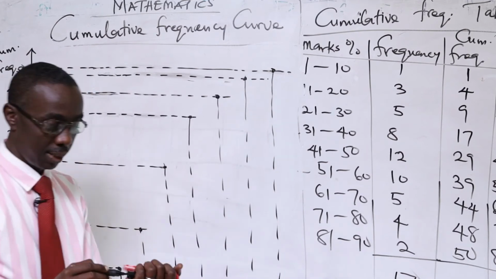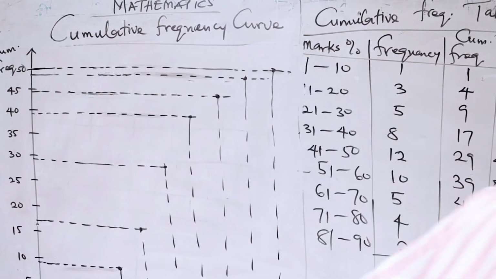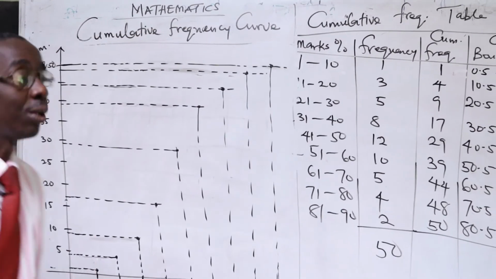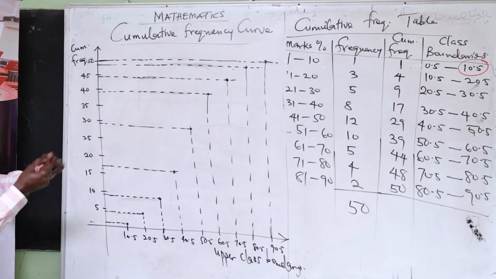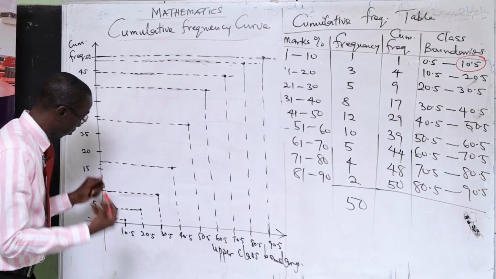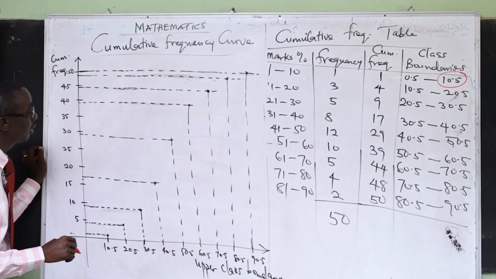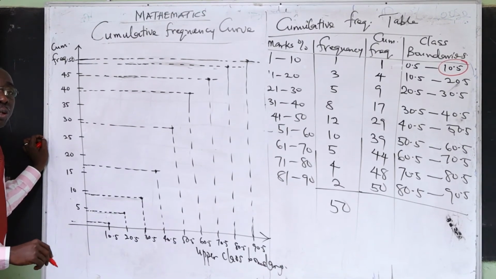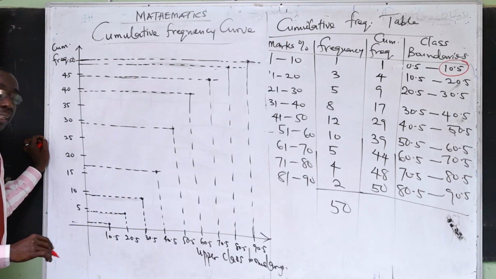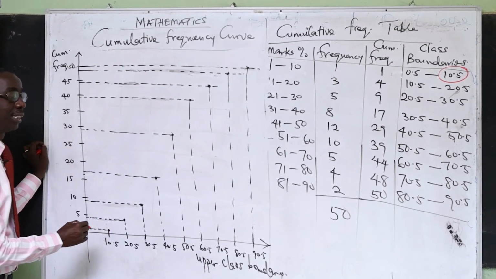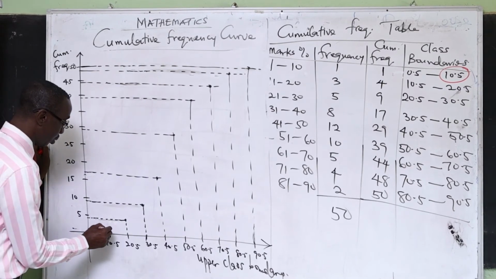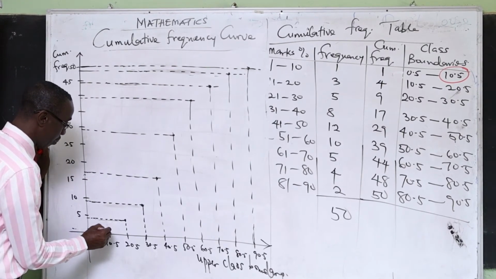All right. It is at this junction you will now have to join your points together. Please, you know how to join a curve now. You are not using your ruler to join the curve together. And it is from the first point that you are starting your curve, not from any other point.